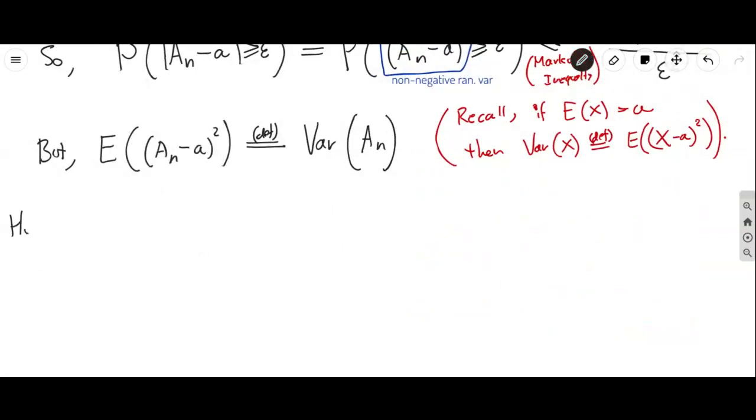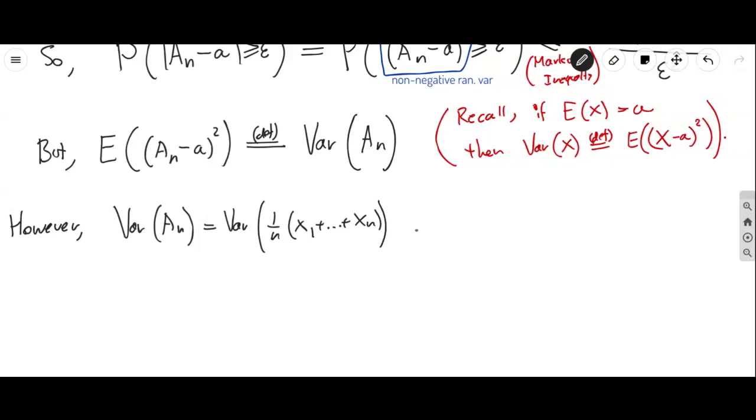However, the variance of An, so let's write this out. An is 1 over n times the sum of these independent random variables. Now, as we already remarked before, when you have a constant inside a variance, you can take it out with a square. So that's 1 over n squared.